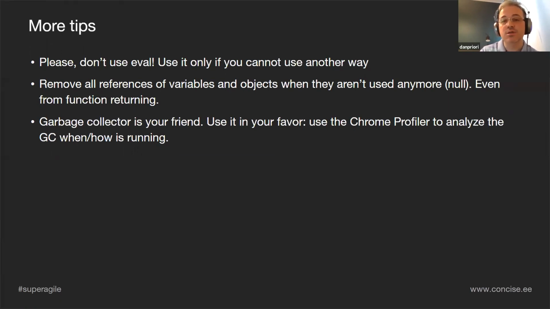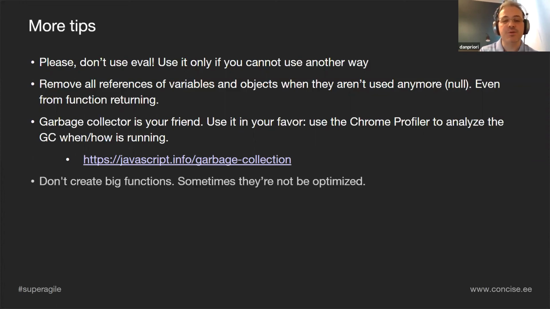So it's a good tool to debug your code. If you want more information about the garbage collector, I have this link here. It's useful for a more detailed description.